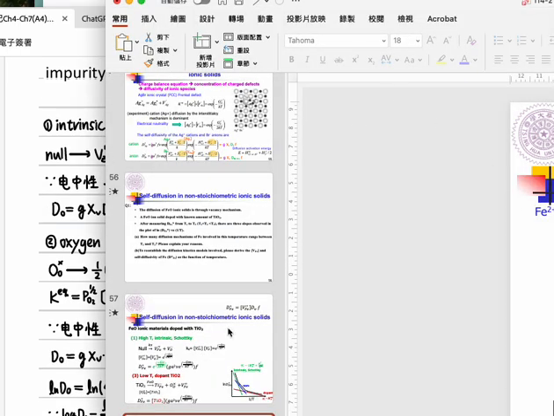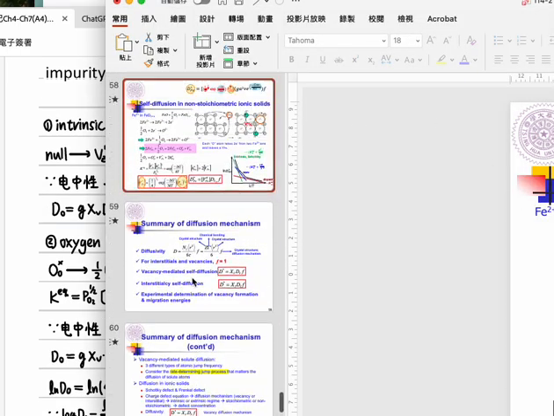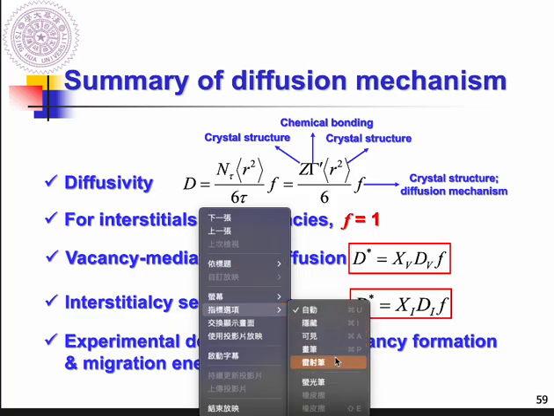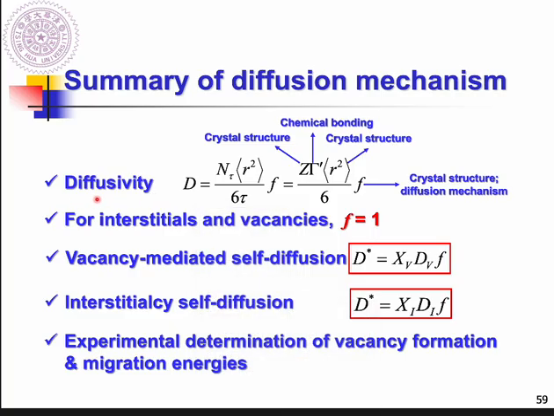So I'm going to move back here and give you a quick summary for diffusion mechanism. From the first part, based on the random walk, we derived the diffusivity can be expressed as gamma, each jump distance, mean square of each jump distance, divided by 6, times f.